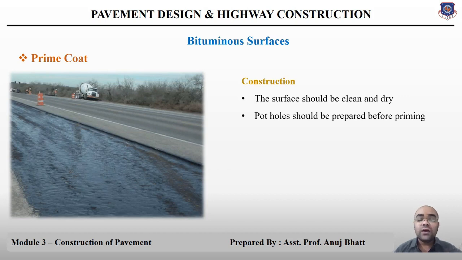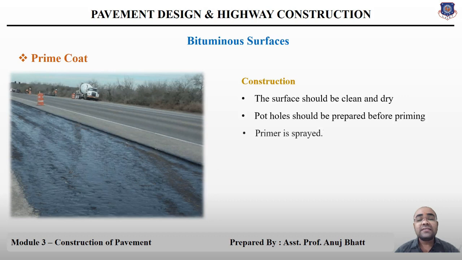If there is any uneven surface on the base course, that has to be repaired and made smooth. So large potholes or any depression have to be repaired before constructing the prime coat.